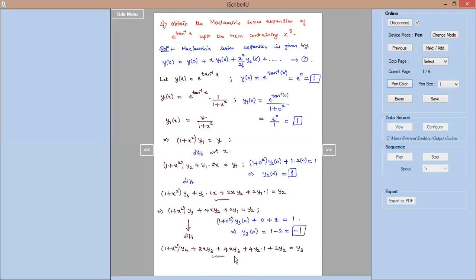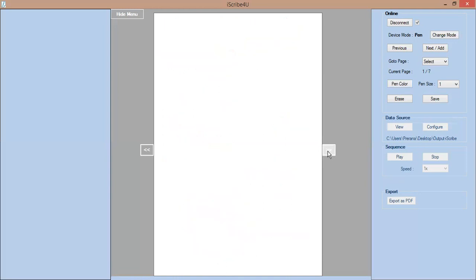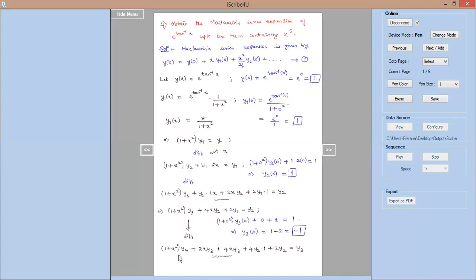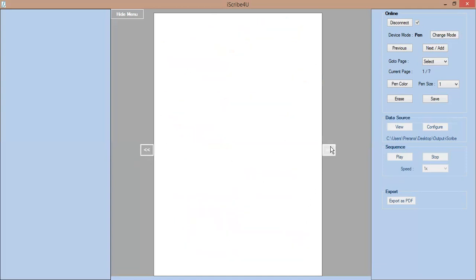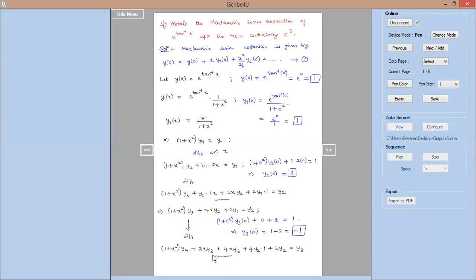So we can add these two like terms and rewrite the expression on the next page. I'll rewrite the first term as it is, (1 plus x²) into y4, plus the middle two terms added, we get 6x y3.